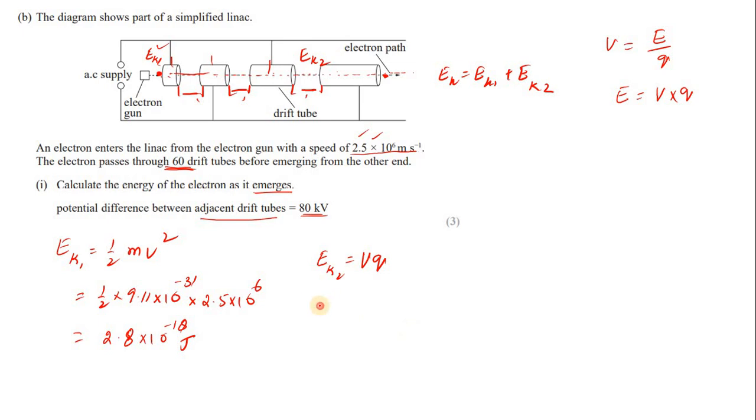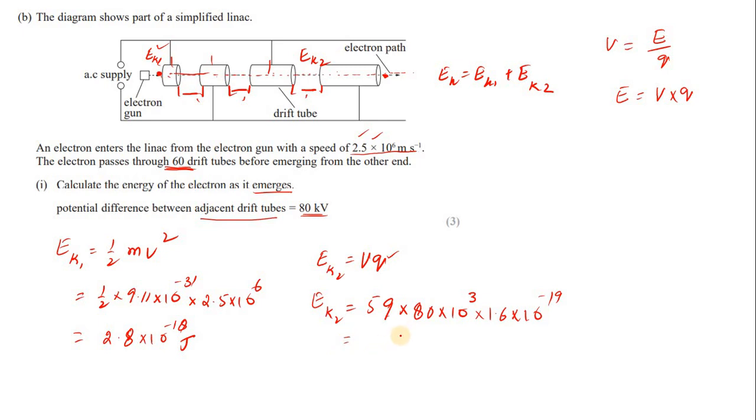That means EK2 would be equal to voltage, and we have 60 tubes, so 59 gaps. The total voltage will be 80 kilo, 10 to the power 3, and then into charge, and we have an electron, so 1.6 10 to the power minus 19 electron charge.